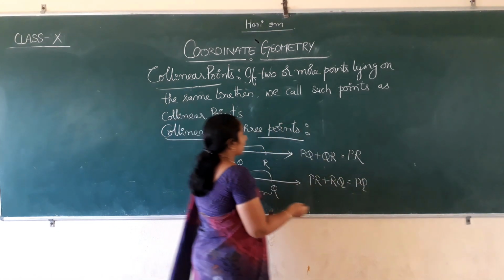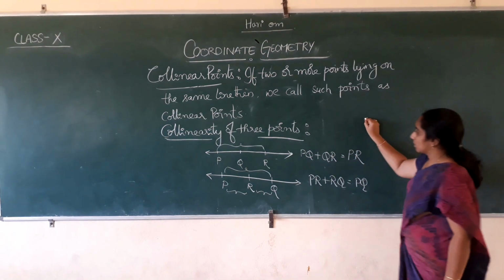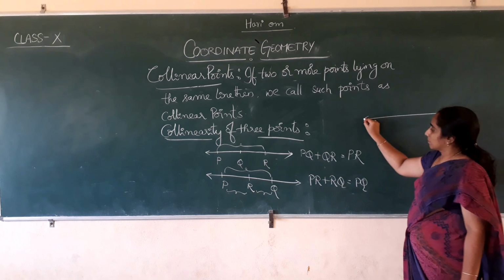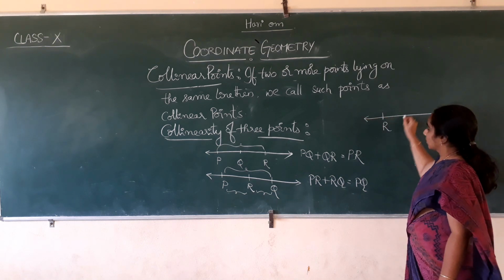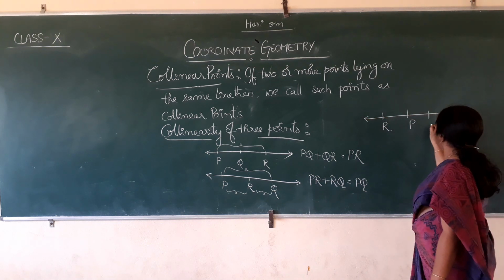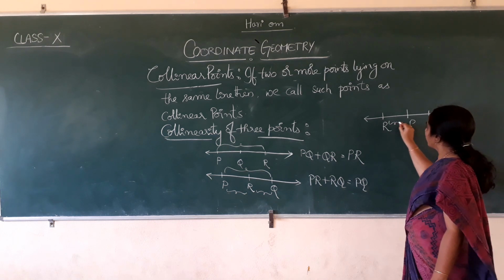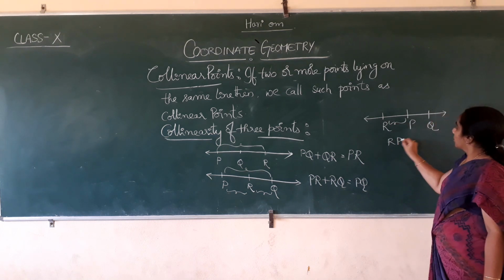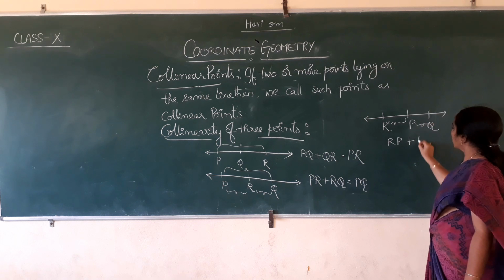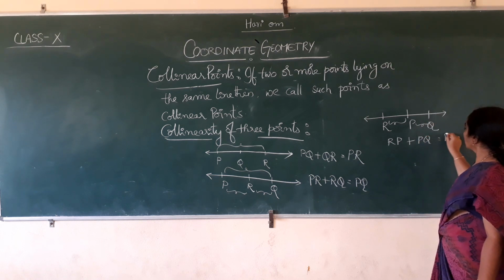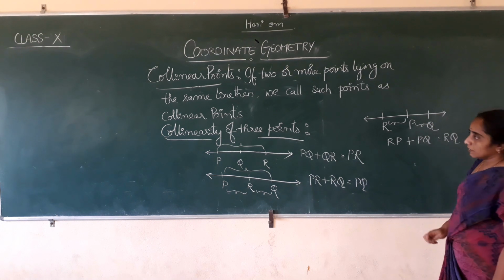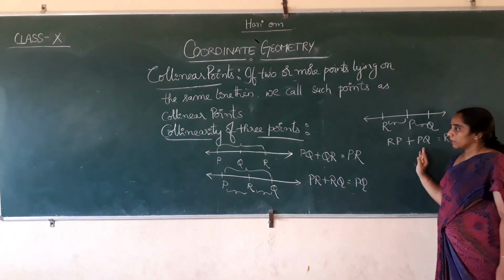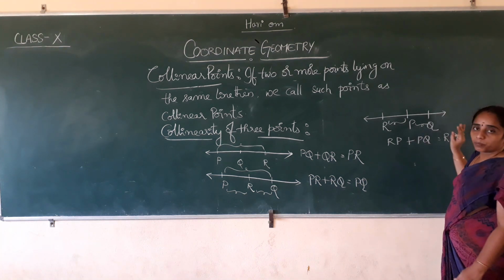And one more condition: R, P, Q. If RP plus PQ is equal to RQ, then we can call them collinear points.